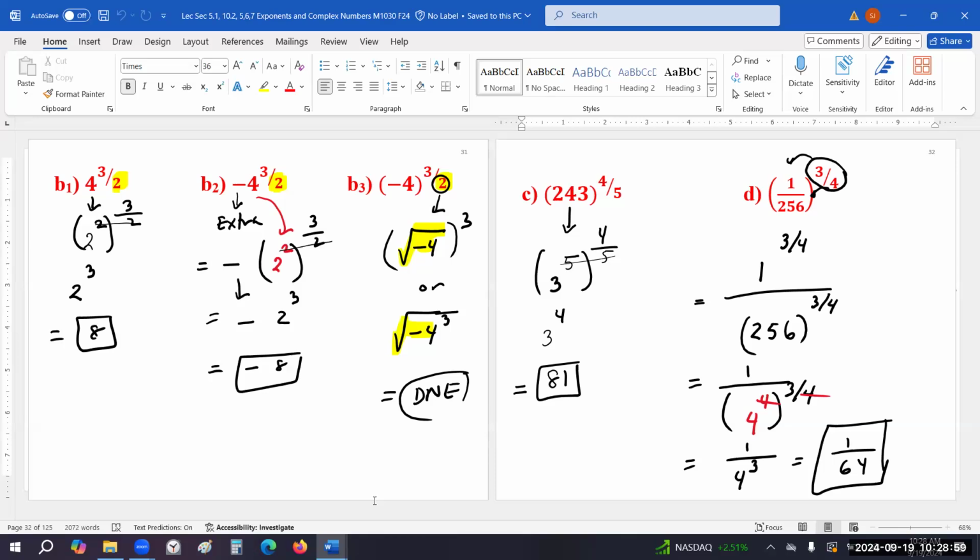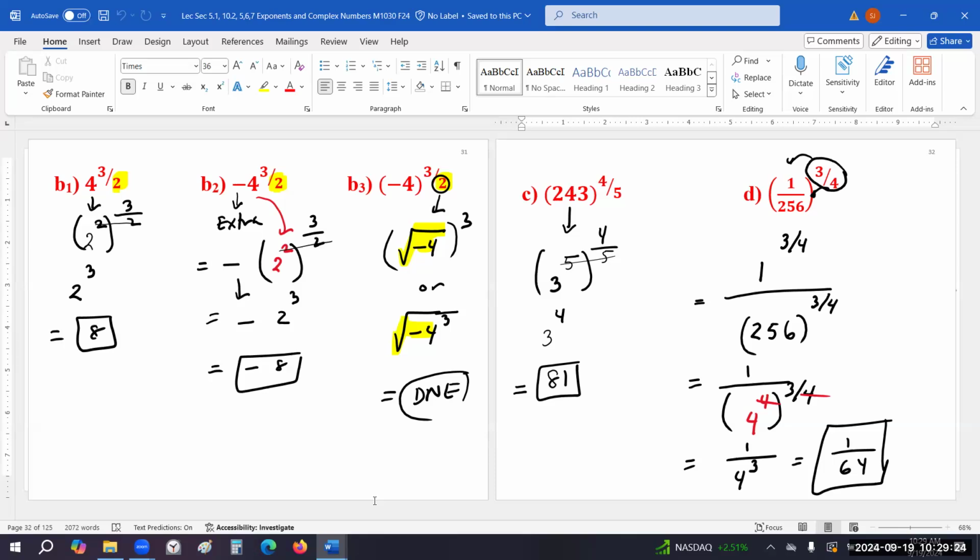Oh no, I was changing my... I know. You're using i? Yeah, we're going to learn i later, not now. Anytime you work with a square root of a negative number, it turns into i.